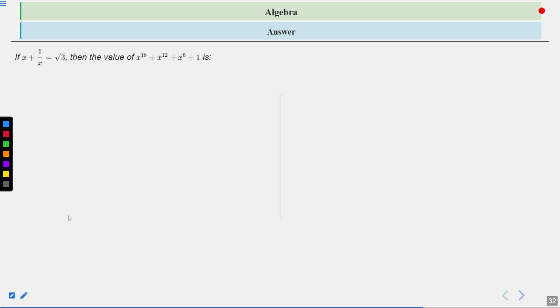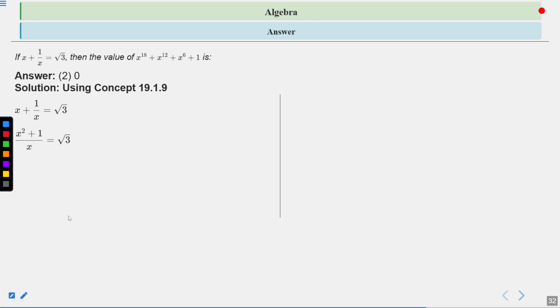The question says that if x plus 1 upon x equals root 3, we need to calculate the value of x to the power 18 plus x to the power 12 plus x to the power 6 plus 1. The correct answer of this question is the second one, which is 0. Now see the detailed solution using concept 19.1.9. So x plus 1 upon x equals root 3.